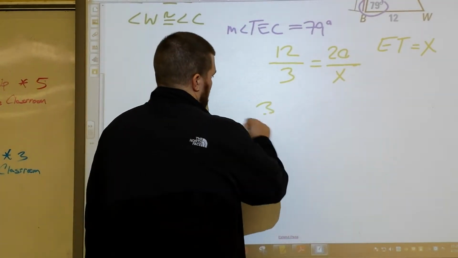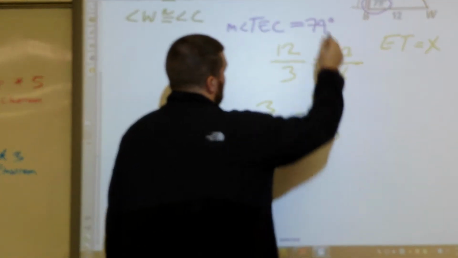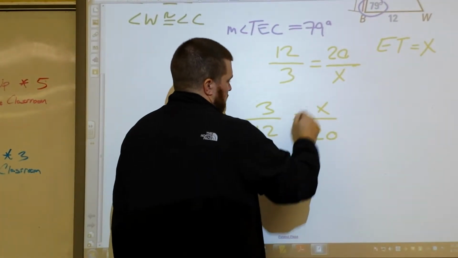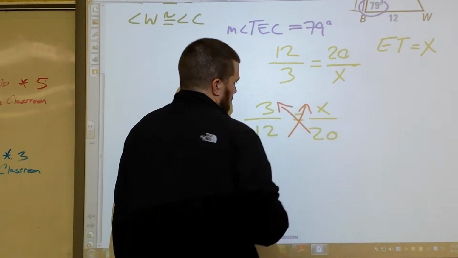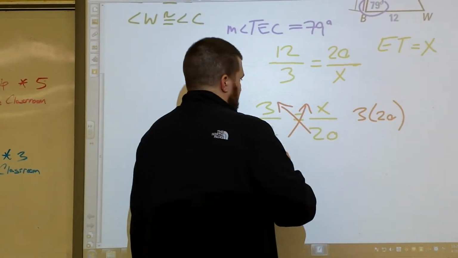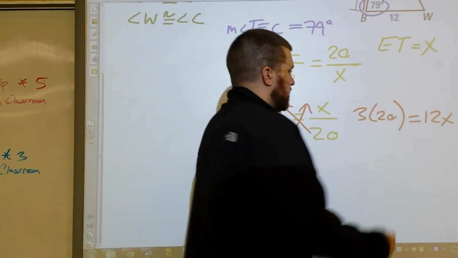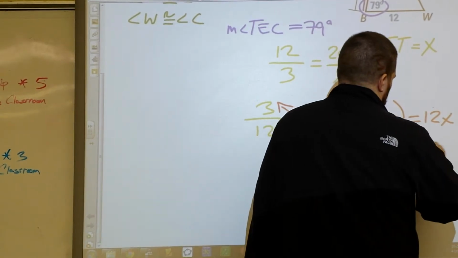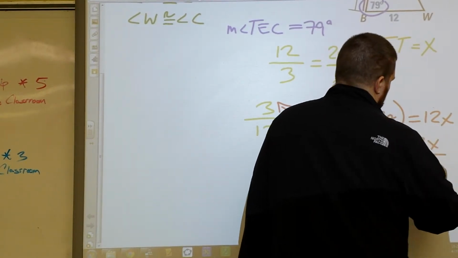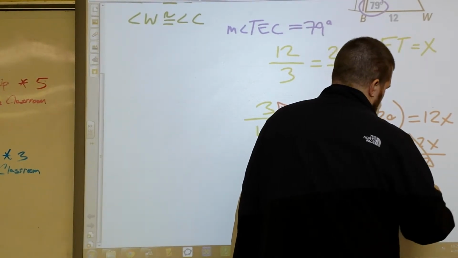So I have 3 over 12 is equal to X over 20. Now, like we've done in the previous videos, we want to cross multiply. So I have 3 times 20 is equal to 12 times X. Well, 3 times 20 is 60. And now I'm going to divide by 12 on each side. So this means that X equals 5.